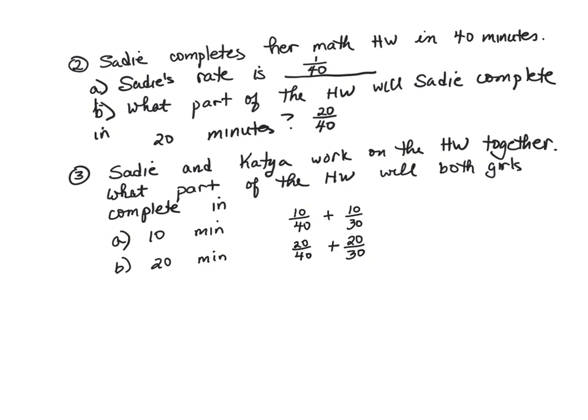But if they both work for X minutes, we can represent the part of the homework completed by both girls as X over 40 and X over 30. And to see what part of the homework is completed, we would add these two. And the homework is completed.